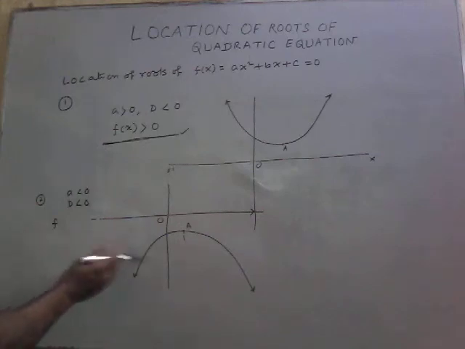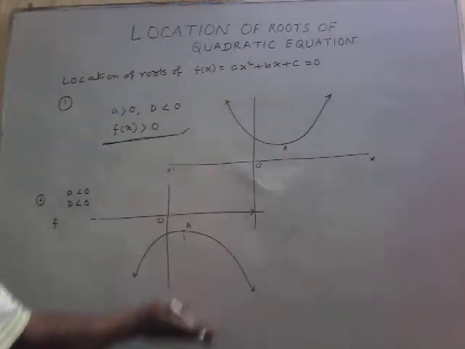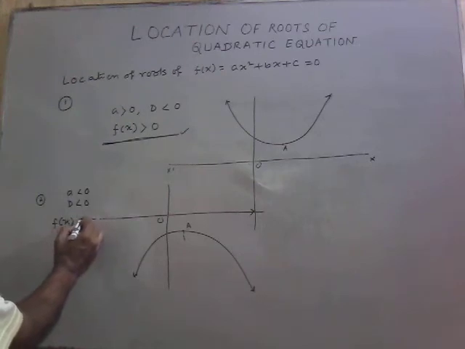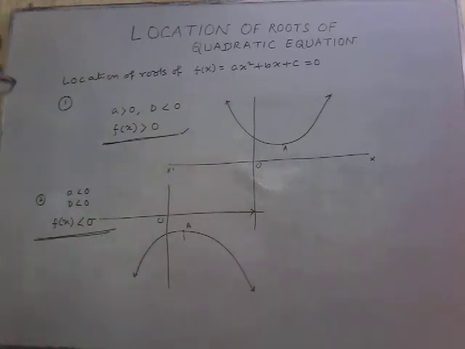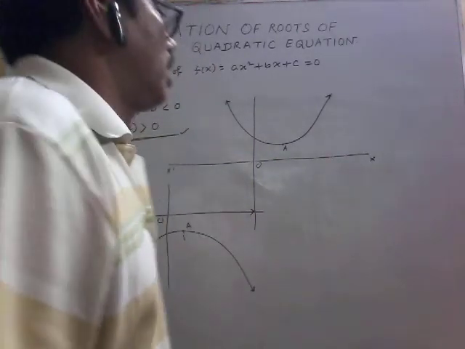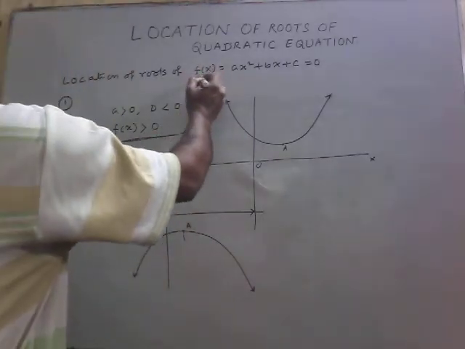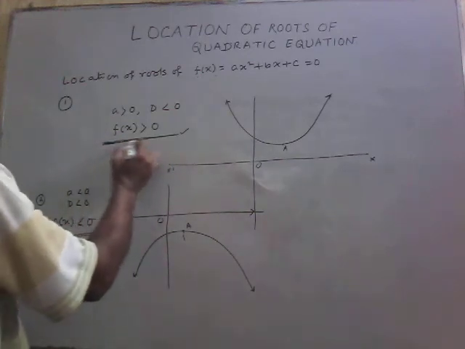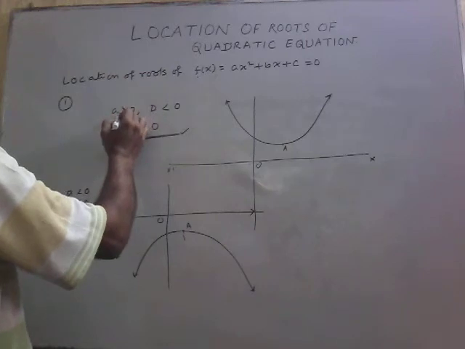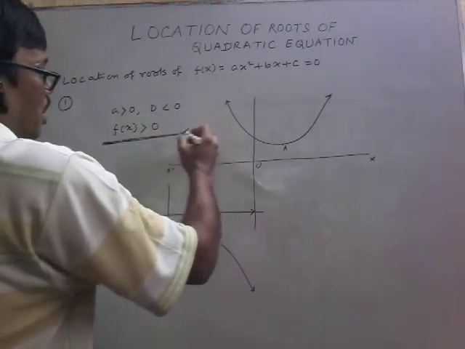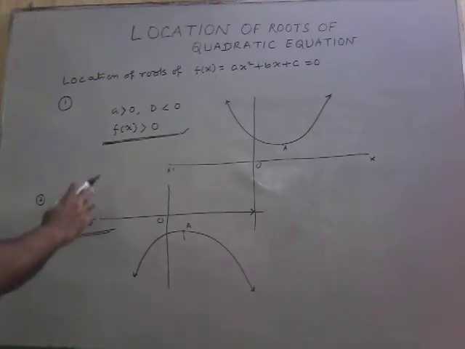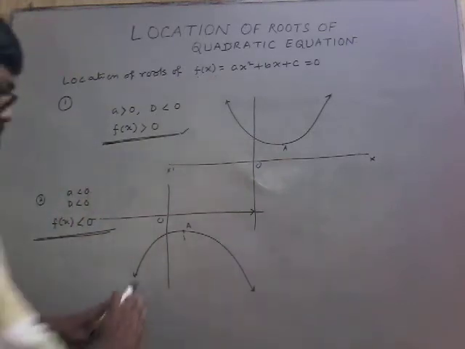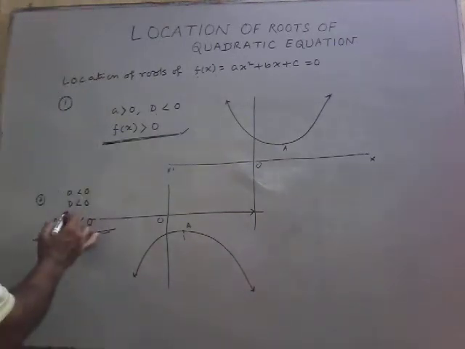In this case f(x) is always below the x-axis, so f(x) less than 0. So these two results: the value of quadratic expression f(x) is positive if a greater than 0, D less than 0. Clear from the figure. And f(x) less than 0 if it does not cut the axis, so D less than 0 and a less than 0.